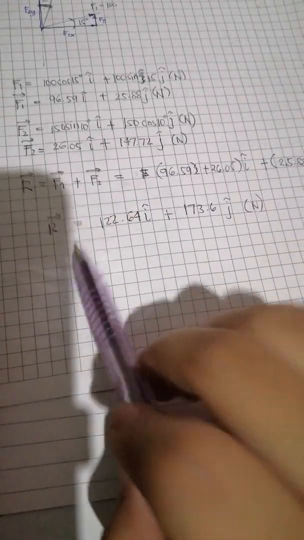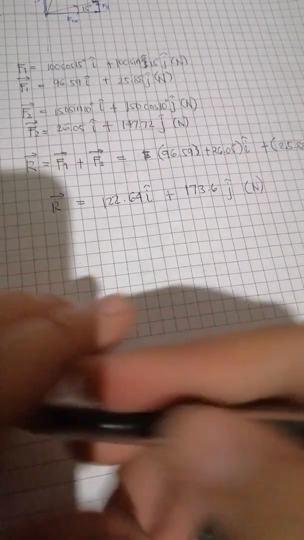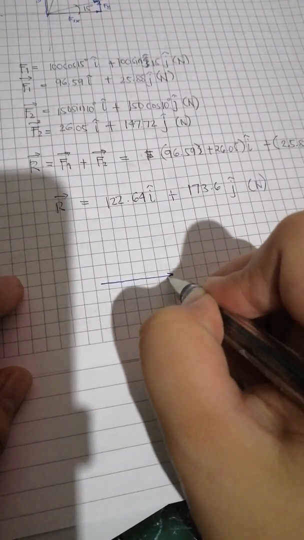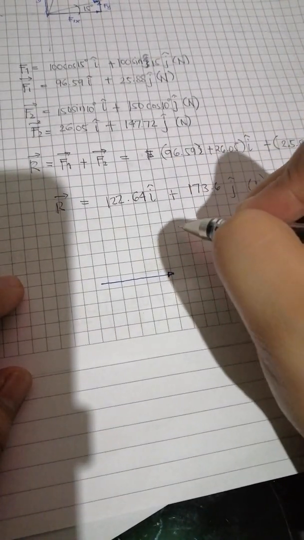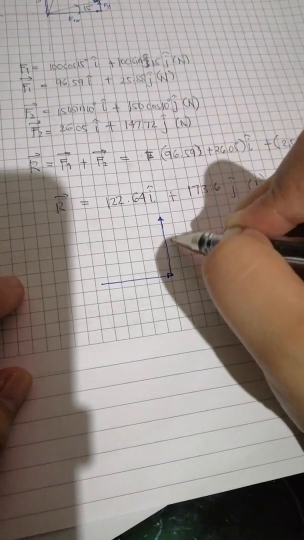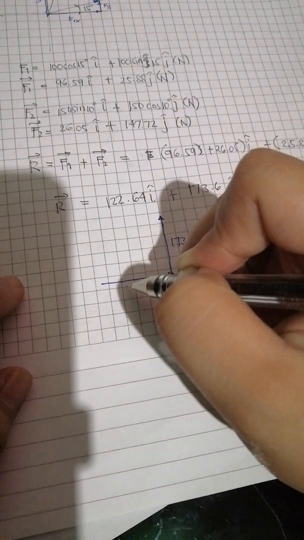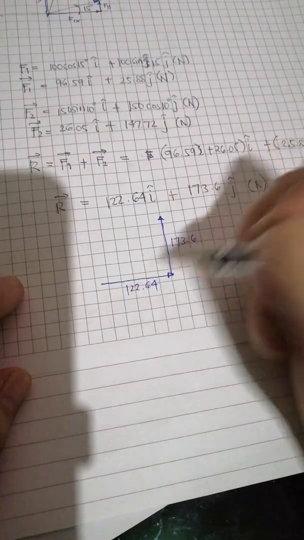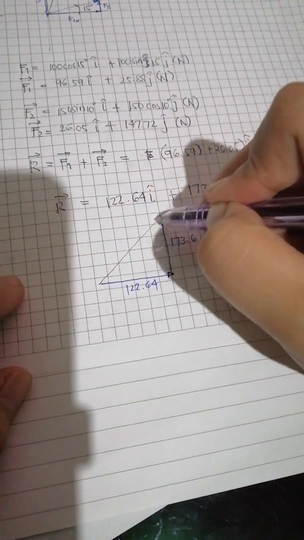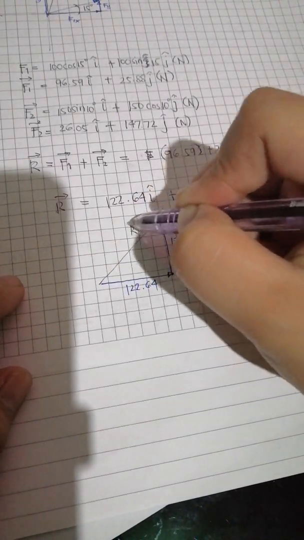Since i hat is positive, Rx is to the right, and since j hat is positive, Ry is upward. So this is 173.6, 122.64. Therefore, this is your R vector. It's also in the first quadrant.